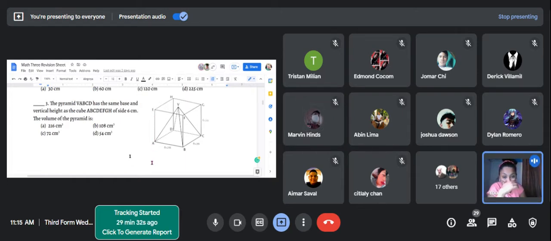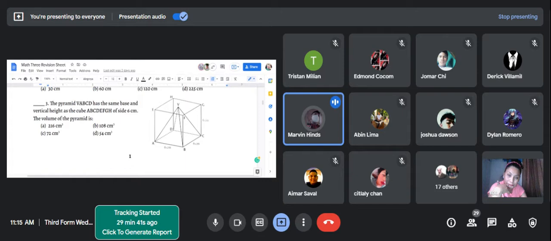Length times width. Repeat again. That is side times side times height over 2. Okay.